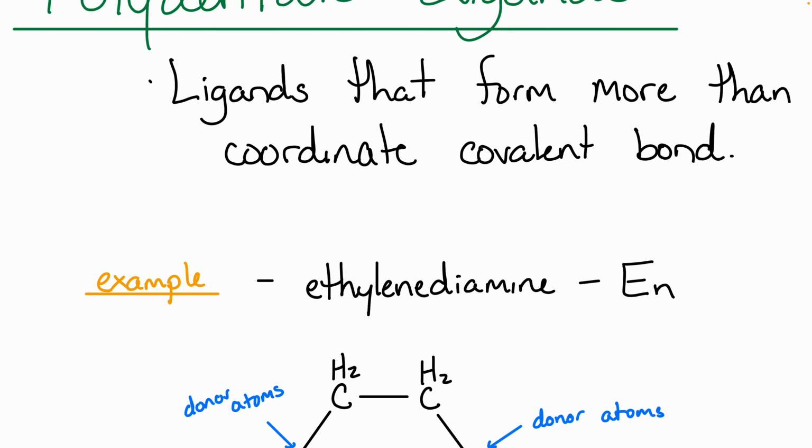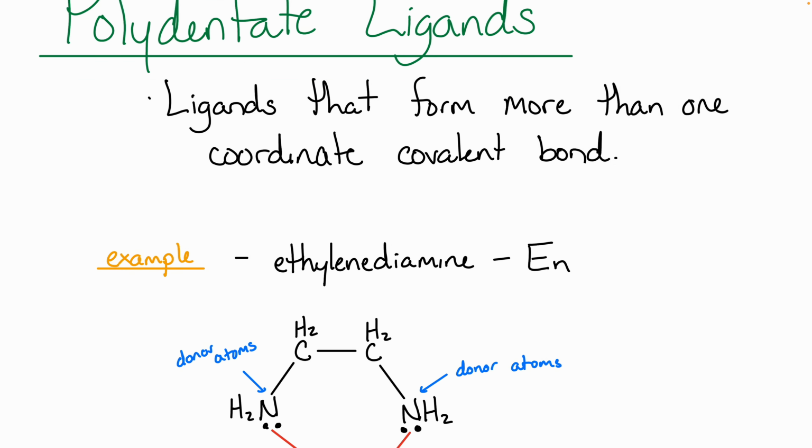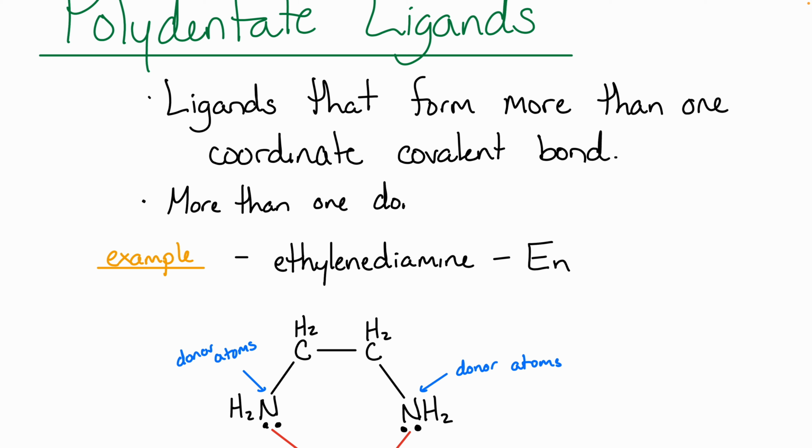Okay, so that means that a polydentate ligand necessarily has more than one donor atom. Right, the ability to form more than one of those coordinate covalent bonds.